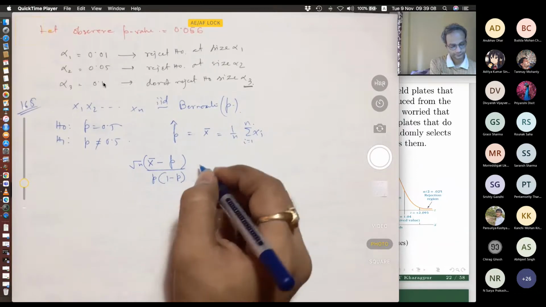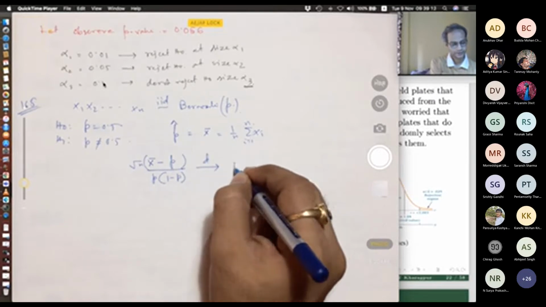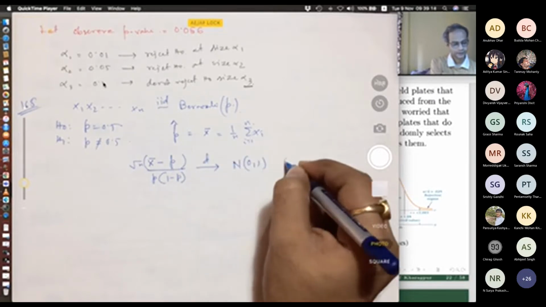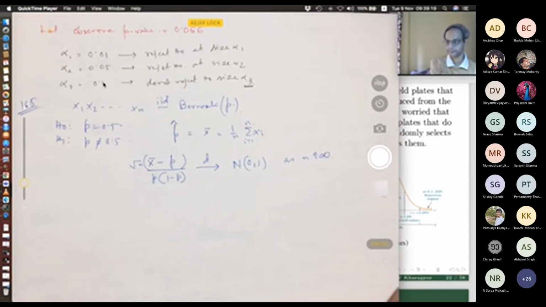Yes. This will converge in distribution to normal 0, 1 as n goes to infinity. Okay.